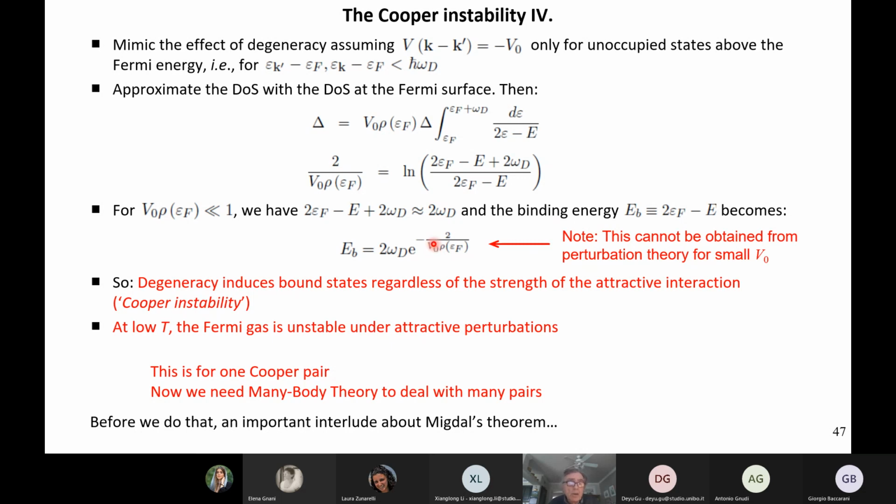If the perturbation is very weak, you still have a binding energy. Regardless of the strength of the attractive interaction, there's no minimum value for this V0. It can be as small as you wish, and the binding energy will go to 0. But for any V0, you can have a negative energy, which means that regardless of how weak this attractive perturbation is, the general electron gas is unstable.